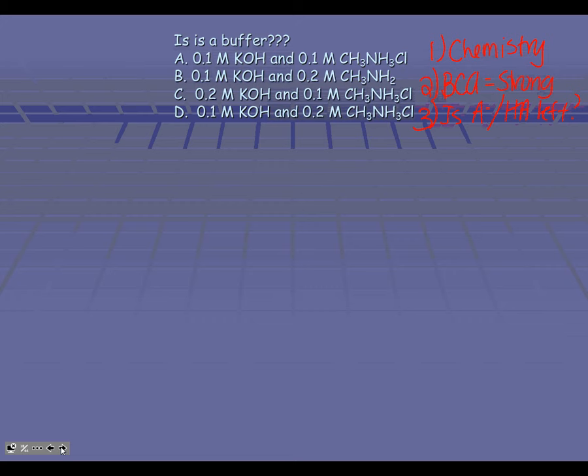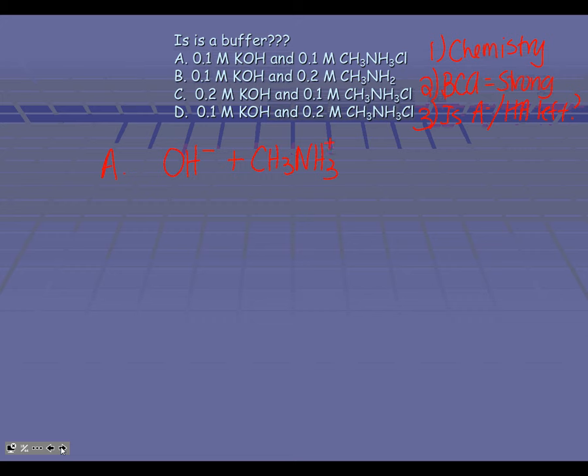So let's look at letter A. And we have hydroxide. That's what's important. And hydroxide is not going to react with chloride. That's never going to happen. It's going to react with this methylamine, which is our HA.